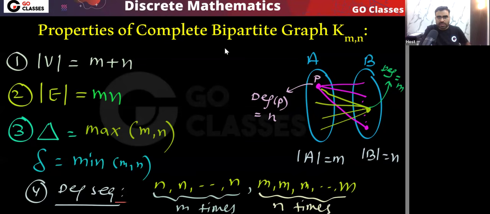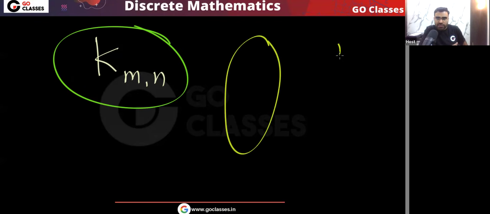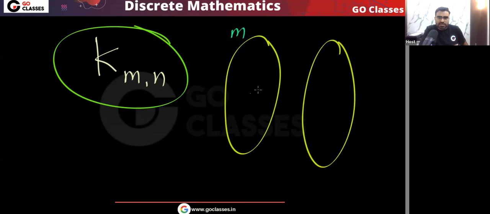So this is the analysis of complete bipartite graph. I hope you understood. So remember, whenever you see this notation K m n, this is complete bipartite graph. Is this clear? This is not the notation of bipartite graph. This is the notation of complete bipartite graph. It means that there is a partition of vertices into two parts, such that this part has m vertices and this part has n vertices.